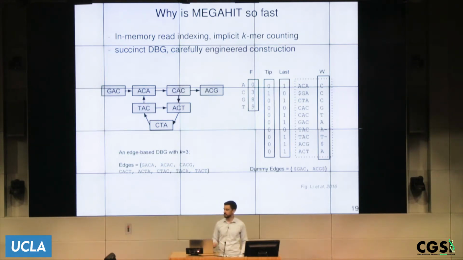It's directional, yes. The graph is directed, and it's always the case in genome graphs. I'm quoting the paper, and the 6 bits are coming from this: you need 1 bit per K-mer for tip, 1 for last.